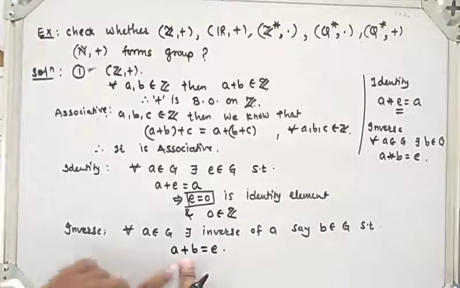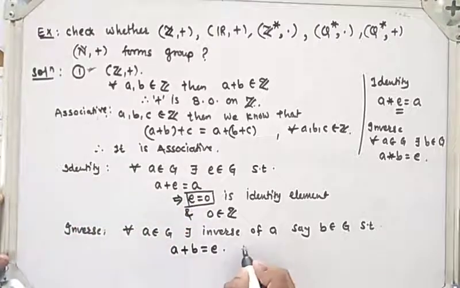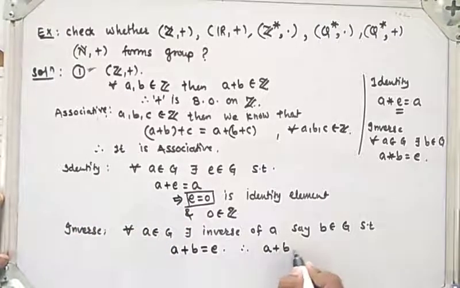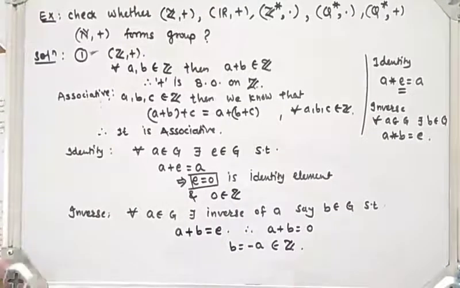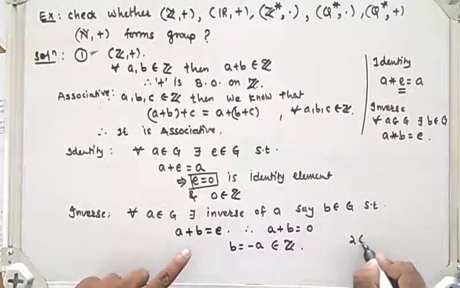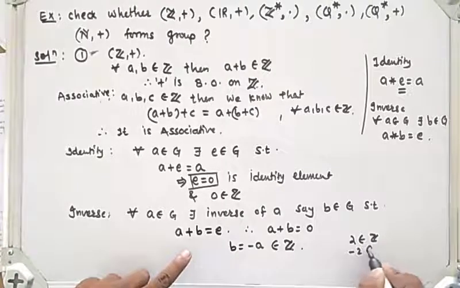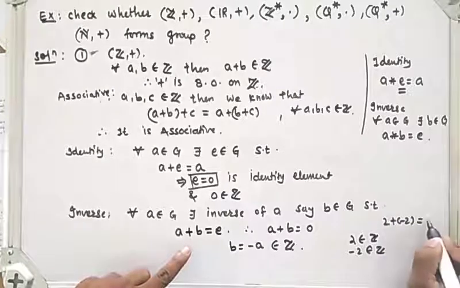Here the operation is addition, therefore I take a plus b equal to identity. The identity here is 0, therefore a plus b is equal to 0. After solving, b is equal to minus a, which again belongs to the set of integers, right? For example, if 2 belongs to Z, then minus 2 also belongs to Z, because 2 plus minus 2 is 0.